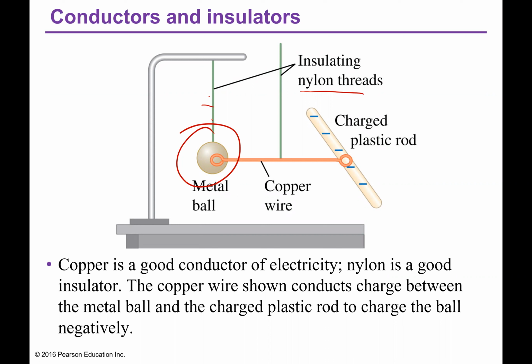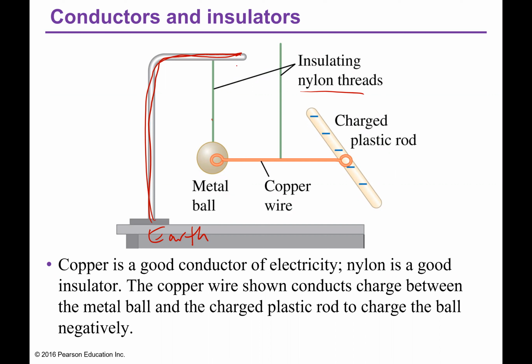So that's why, for example, here you have, let's say this is earth. And this is a metal conductor. And this is a metal conductor. But this one here is an insulator. That means electrically, the ball and this rod here are isolated from one another.